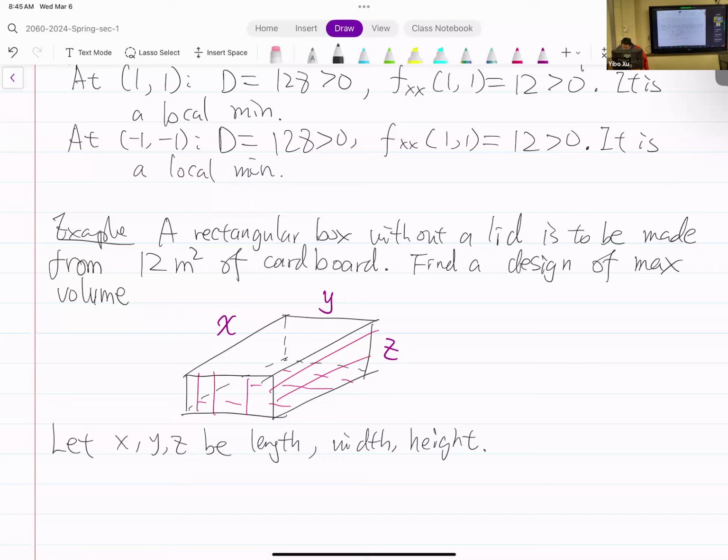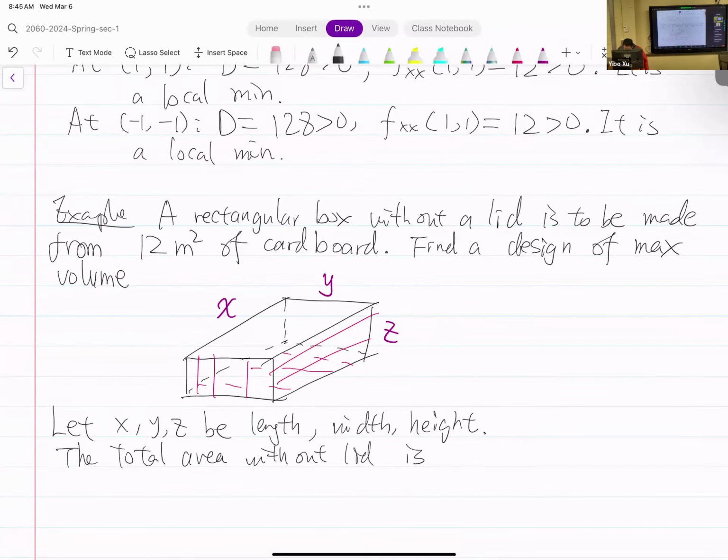The constraint is saying the area of the cardboard is 12, right? So we just calculate the total area without the lid. So basically we just have the bottom and the front and back and left and right, okay?